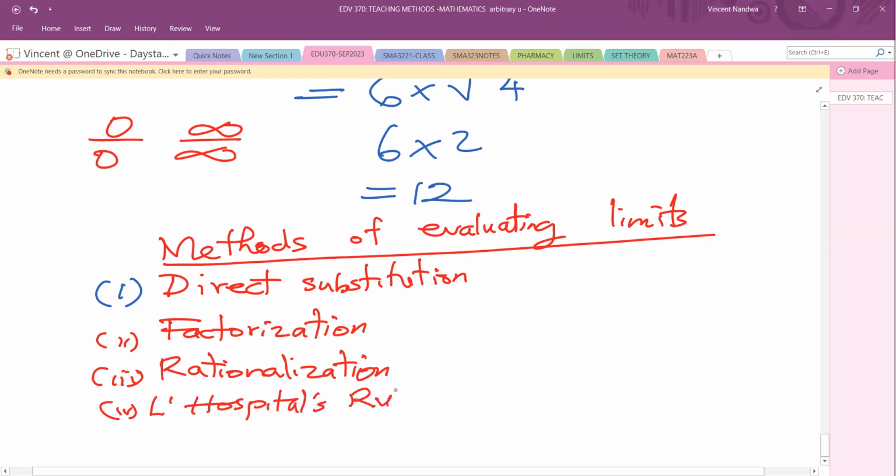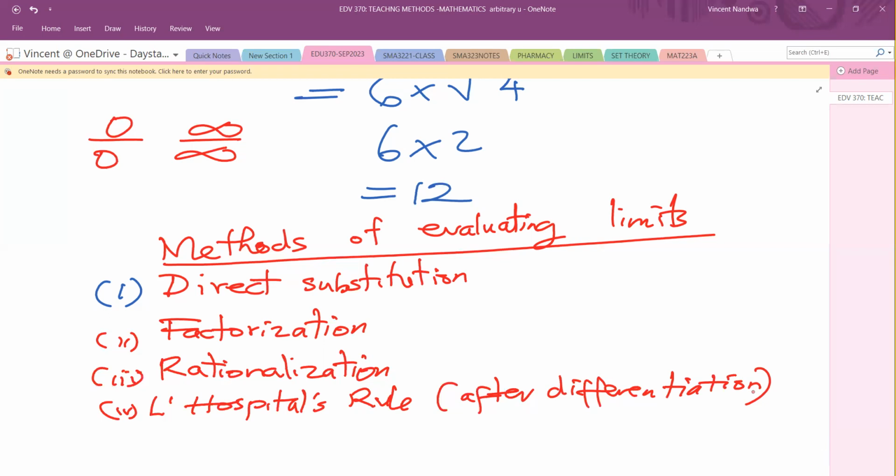Sasa L'Hopital's rule itafunzwa kama mmemaliza differentiation. So the L'Hopital's rule will be applicable once you have understood different methods of differentiation, because it helps to evaluate limits which on direct substitution we get 0/0 or infinity, using the concept of differentiation. So we'll discuss them later on.